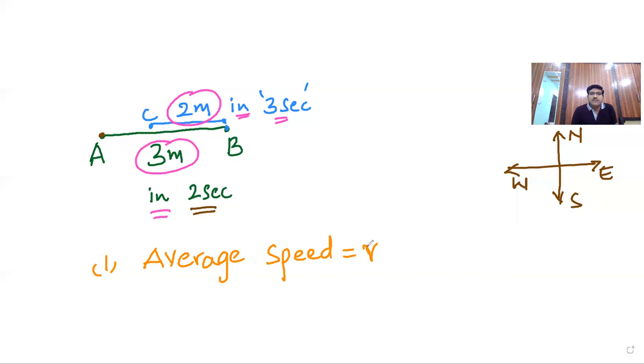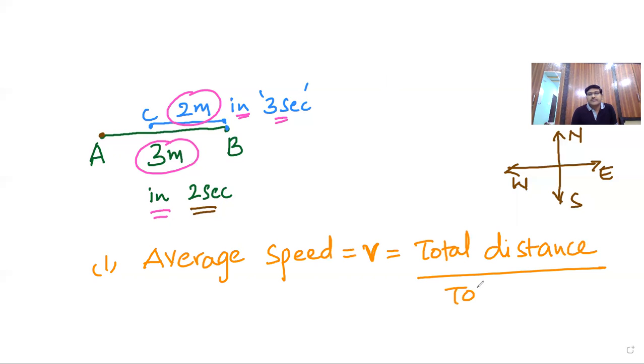V average is equal to total distance traveled divided by total time. What is the total distance?